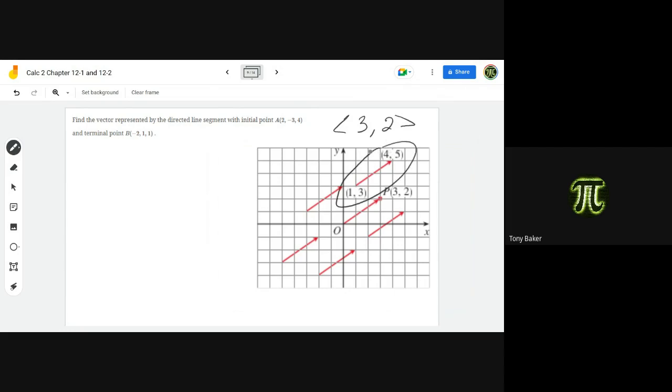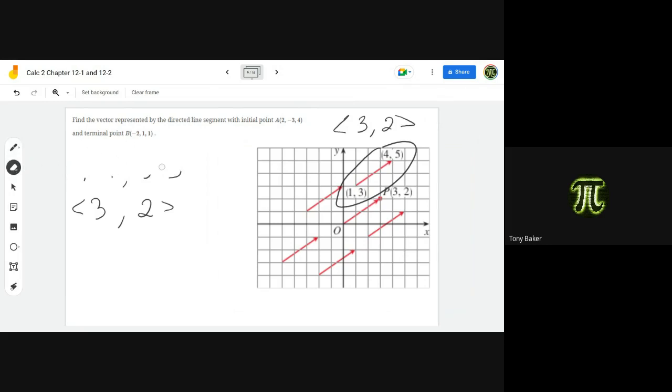Let's take this one right here. If I did 4 minus 1 and 5 minus 3, what do I get? 3, 2. So to represent a vector between two points in component form, I subtract the starting point from the ending point. That shifts it down to starting at 0, which gives me my component.